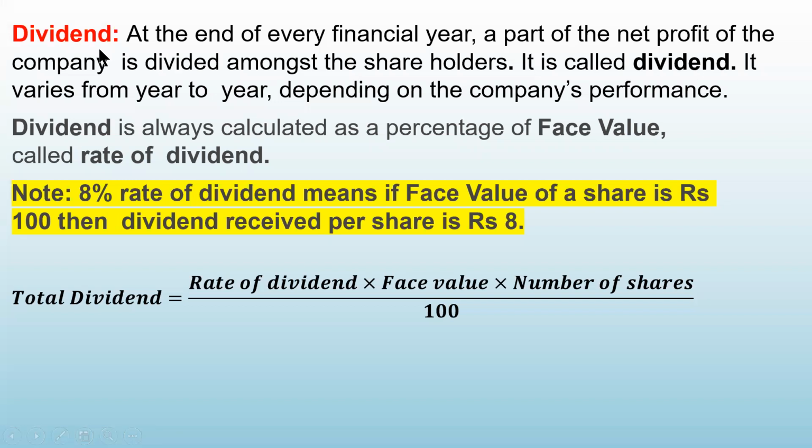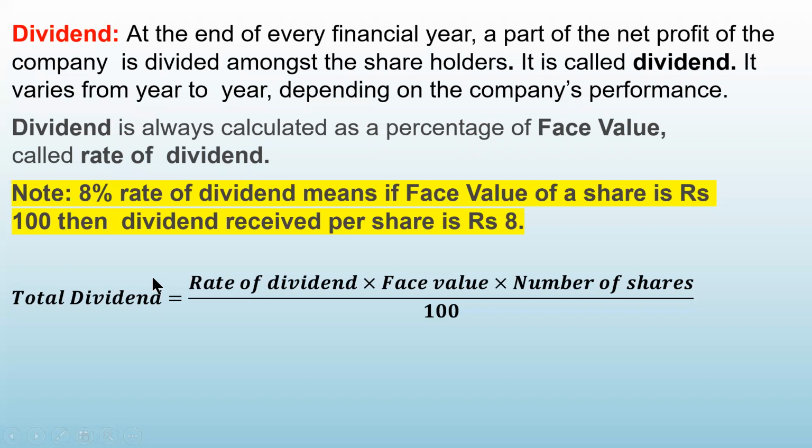So dividend is calculated as a percentage of the face value. So 8% rate of dividend means if the face value of a share is 100, then the dividend on one share is ₹8. That is the meaning of an 8% share.